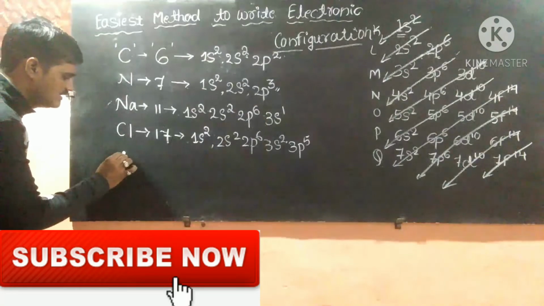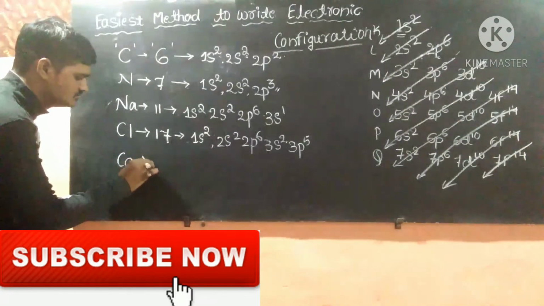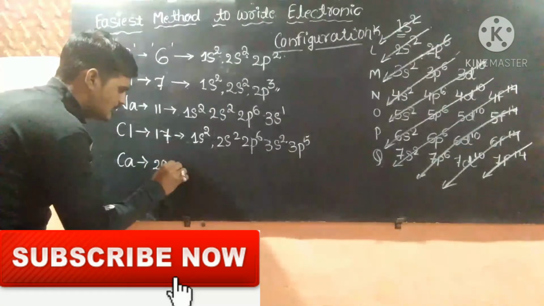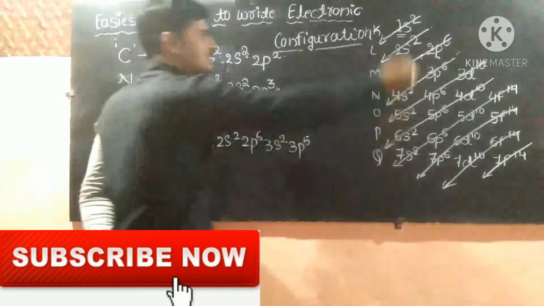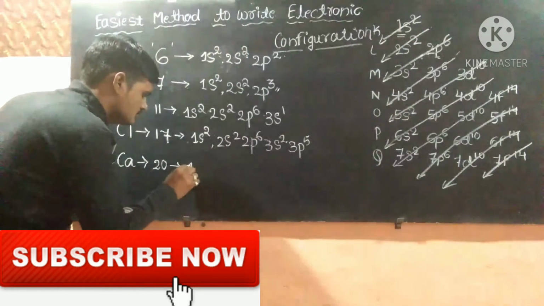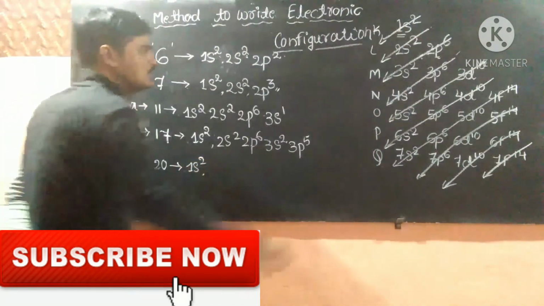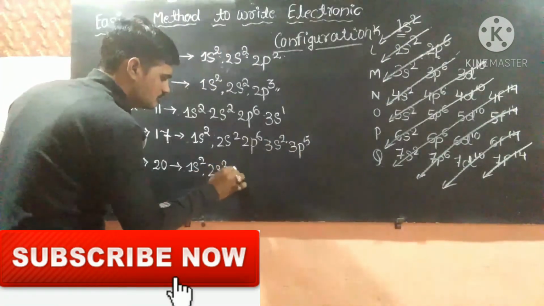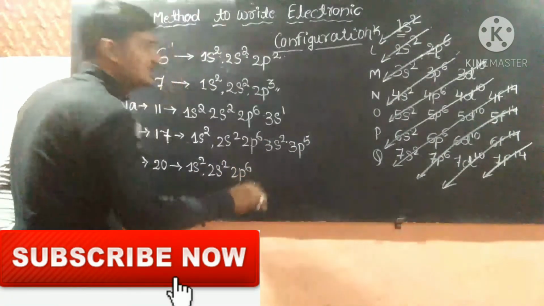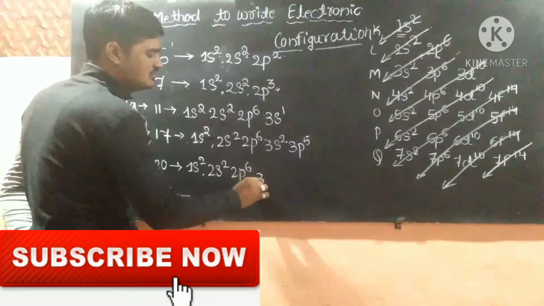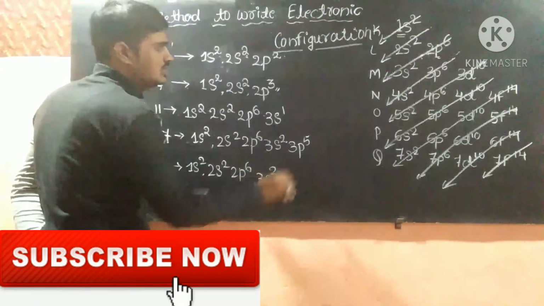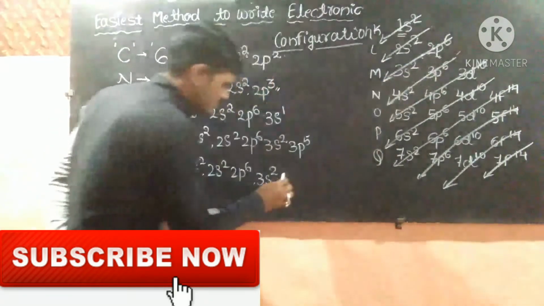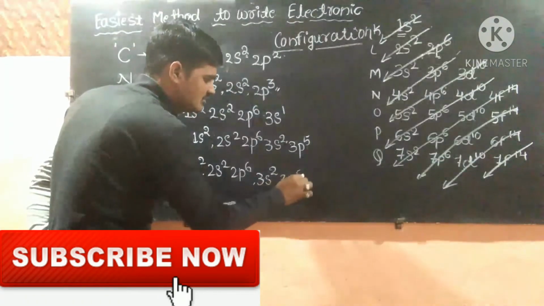Another example we will take is calcium. The atomic number of calcium is 20. By using this chart, first we write 1s2, 2s2, 2p6. After 2p6, the arrow mark comes to 3s2. After 3s2, the arrow mark comes to an end, so we move to the next, 3p6.